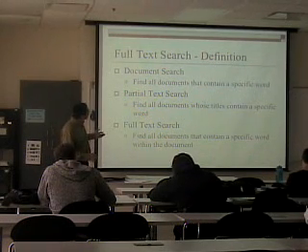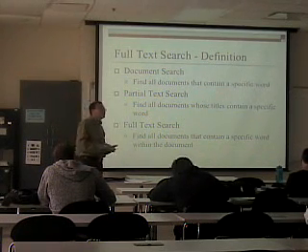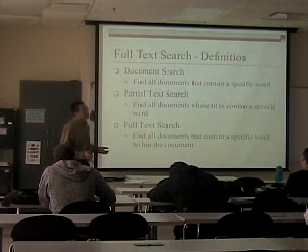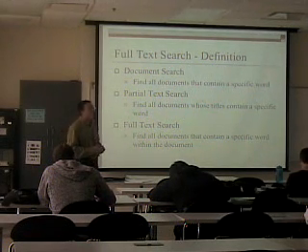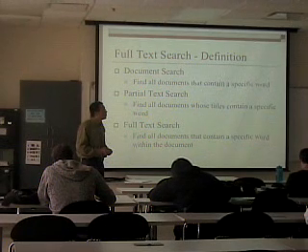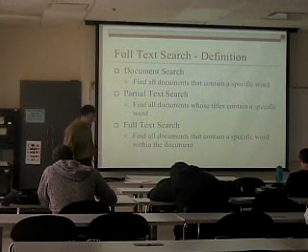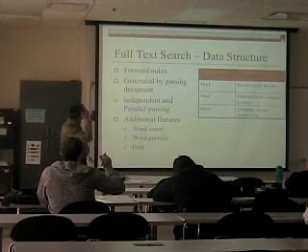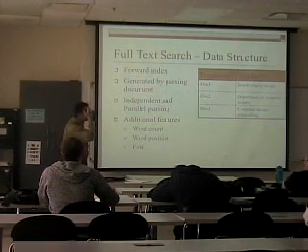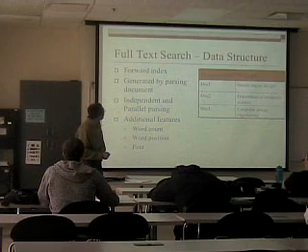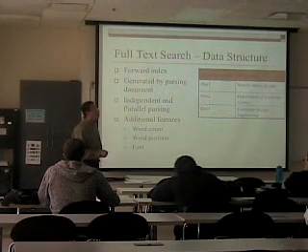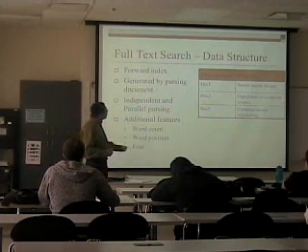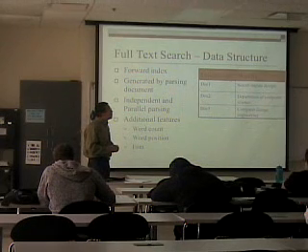Full text search is more complete: you index the entire document rather than just the title or a small portion of it. The way to do the indexing and search is when you get a whole set of documents.